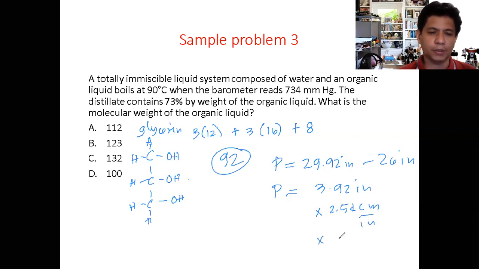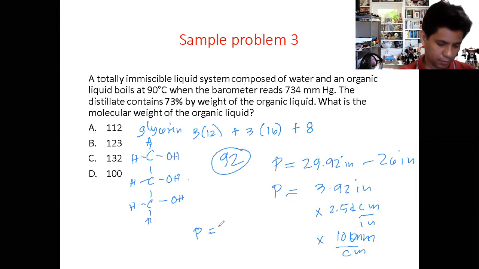Then convert this to millimeter; there are 10 millimeters per centimeter. So the total pressure is 99.57 millimeter mercury.